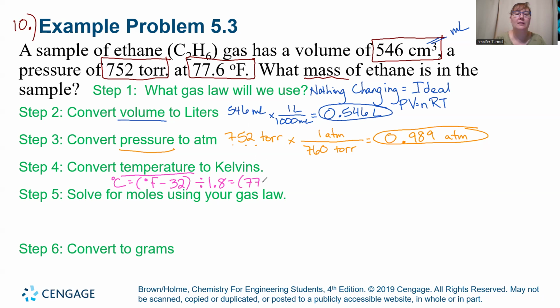So what this will give us now, notice here, so here we have 77.6 Fahrenheit minus 32, which is exact, divided by 1.8. So we only have three significant figures here. And so what we'll end up getting is 25.3 degrees Celsius, okay, plus 273.15, which will give us 298.45.